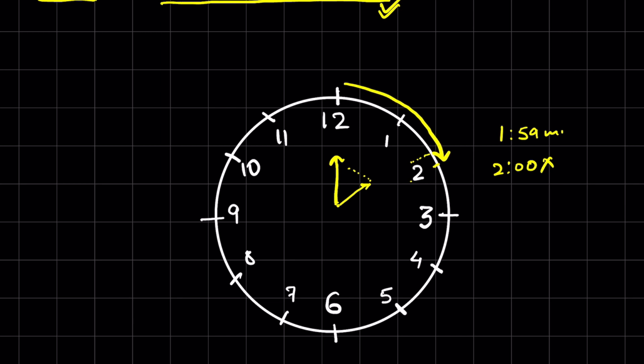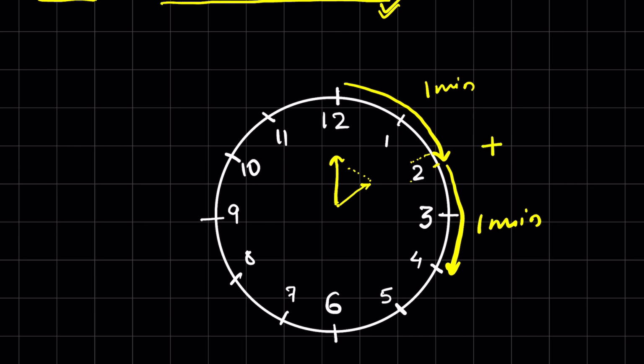So when it ticks for 2 hours, it loses 1 minute because it's broken. When again it starts ticking from 2 to 4, it loses 1 minute. That means from 12 to 4, it has already lost 1 plus 1, that is 2 minutes.